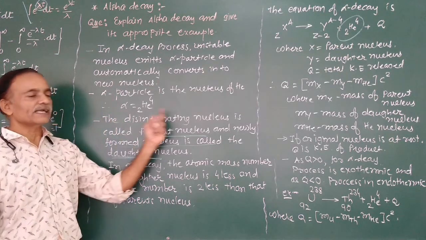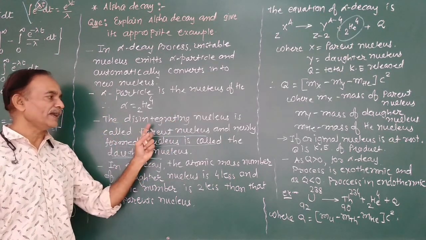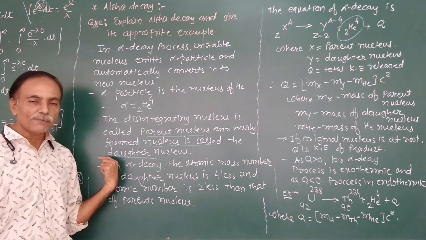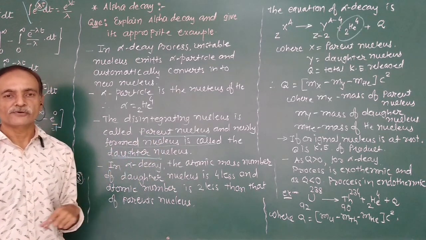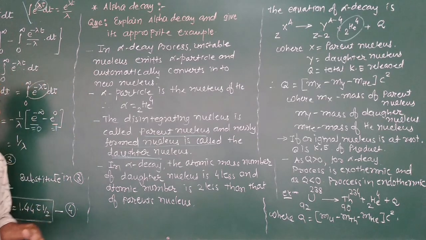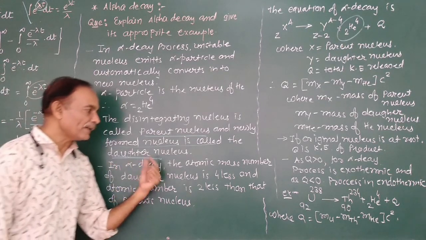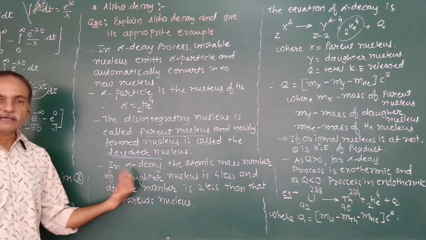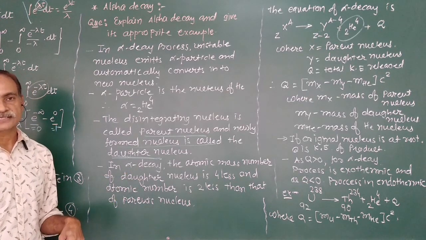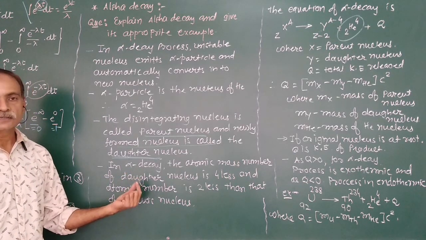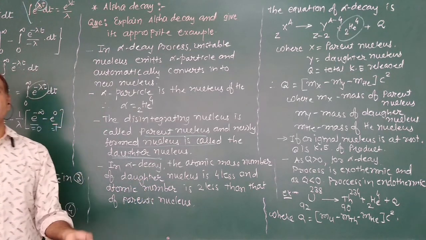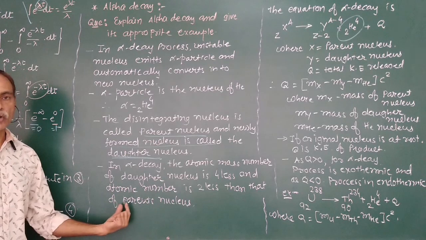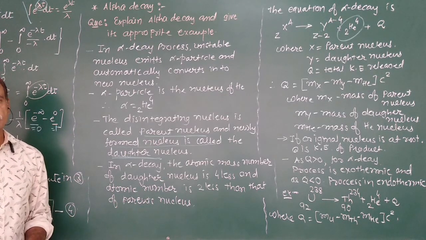Therefore the disintegrating nucleus is known as the parent nucleus and the newly formed nucleus is called the daughter nucleus. During alpha decay, the atomic mass number of the daughter nucleus is 4 less, and the atomic number is 2 less than that of the parent nucleus.